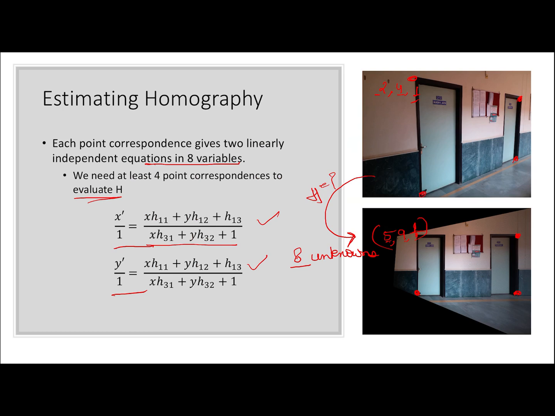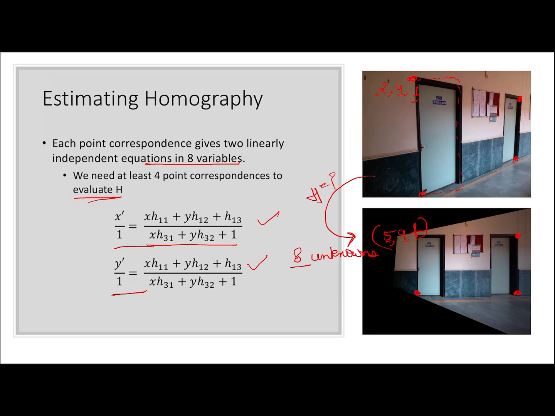Like if I take this example, in this perspective image, projective distortions are there. That means this is not a perfect rectangle. In the original, this is a perfect rectangular door. But when I take an image, due to perspective projective distortions, this shape has been deformed.